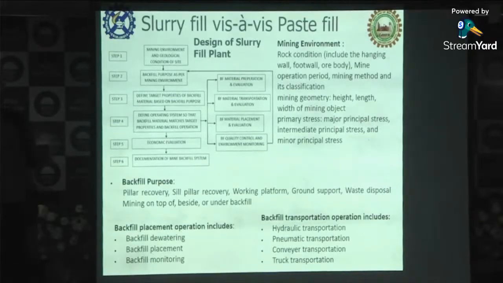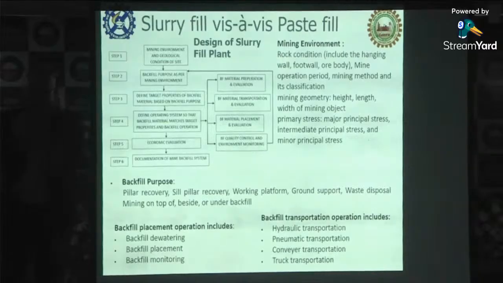So this has to be done before, and then define the operation parameters so that the backfill material matches the target properties. After the target properties have been defined, suppose we need 1 MPa strength for a particular fill. Then at the fill plant, the operator should mix the same ingredients. Suppose we are getting 1 MPa for cement of 5%, just imagine, with a pulp density of like 1.5.